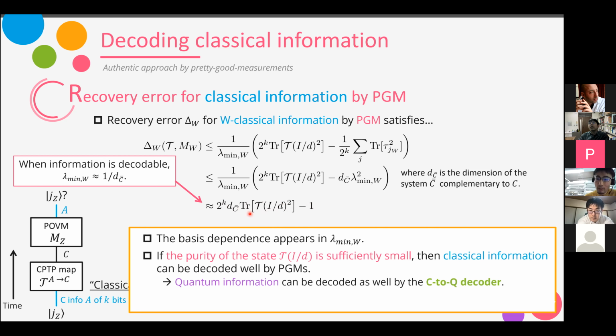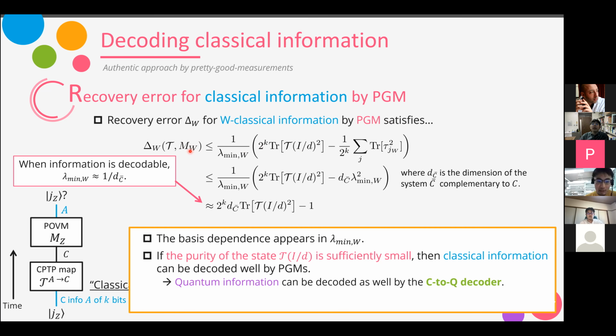Can I ask a question? Yes, please. So you're optimizing over this POVM? No. We use a pretty good measurement. We just fixed the POVM as a pretty good measurement, and this is the error if we use this POVM. I see. So there's no optimization. Also, MW here? Oh, MW, the argument of delta W. This one? This is the POVM, the pretty good measurement.